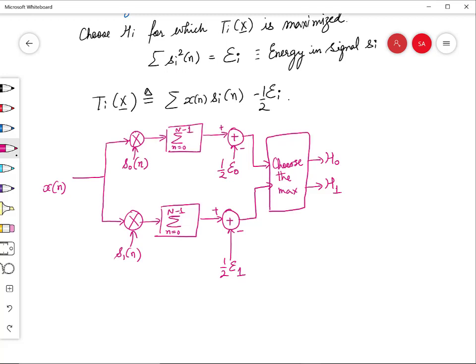So this is how the block diagram of this kind of a detector will look like, which is based on your replica correlator.